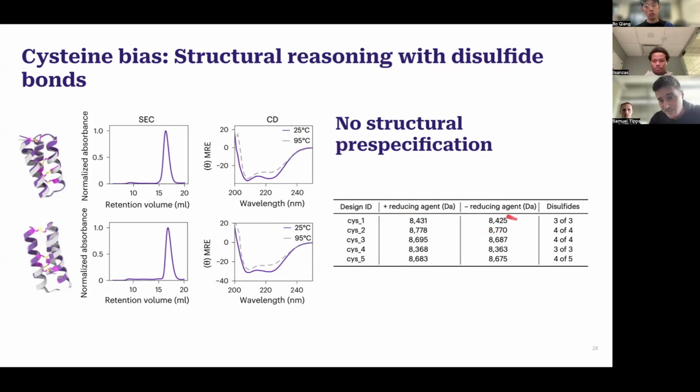And when we look at the difference in masses between all of these designs, we can see that almost all of them have exactly the same number of disulfide bonds formed as intended. So this was really encouraging to show that the model is also able to reason about structure without any structural prior.